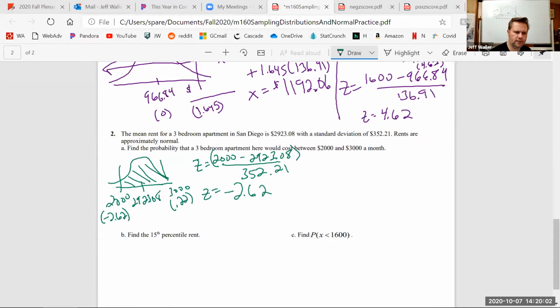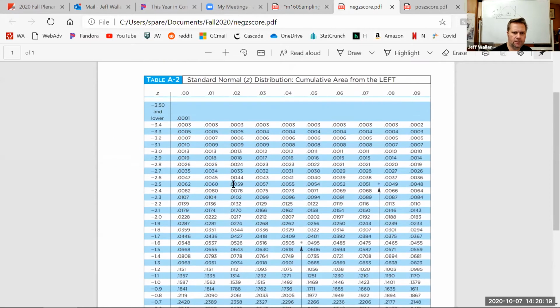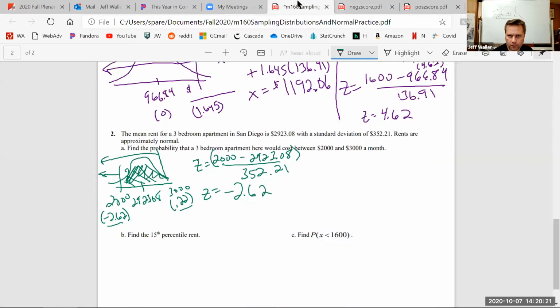Okay, so there's my z-scores. So if I look them up, I get the area there. That's how much I got to subtract to get the area in the middle. So when you look up negative 2.62, you get 0.0044. And when you look up positive 0.22, oh, Jeff, you doof.